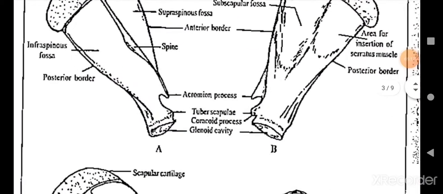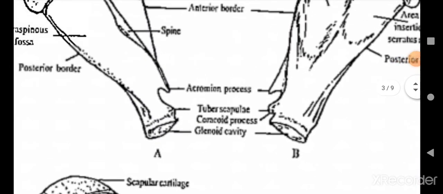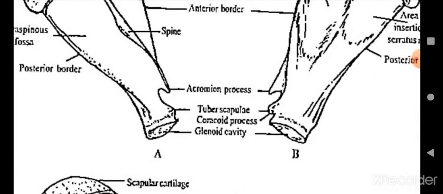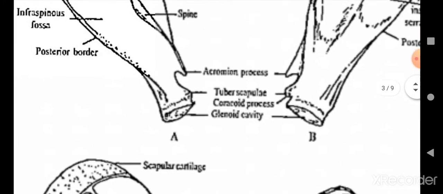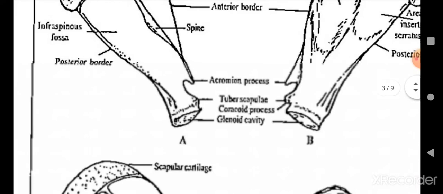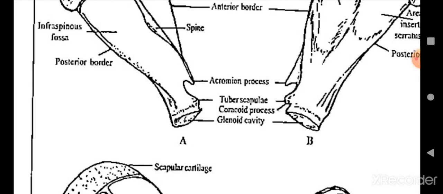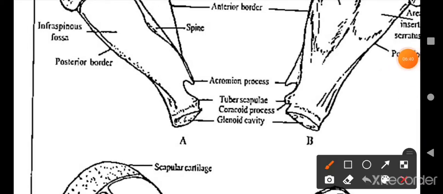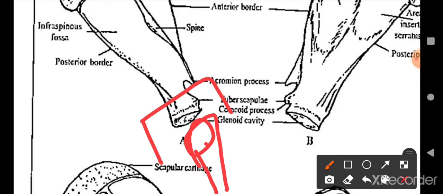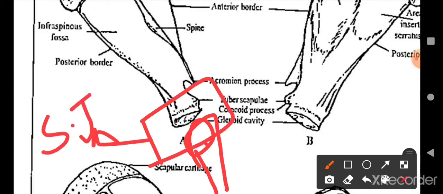The inferior angle has a cavity known as the glenoid cavity, which helps in the formation of the shoulder joint by joining with the head of the humerus. By joining with the head of the humerus, the shoulder joint is formed.